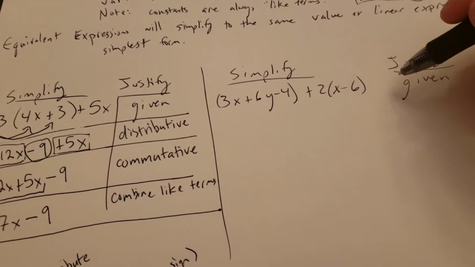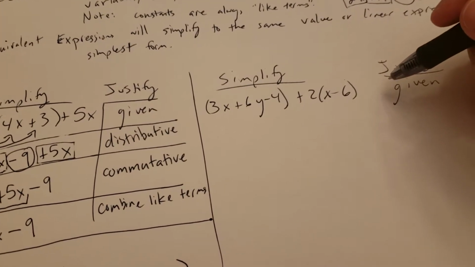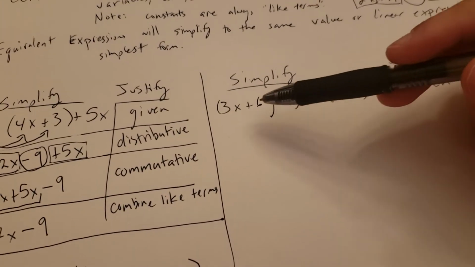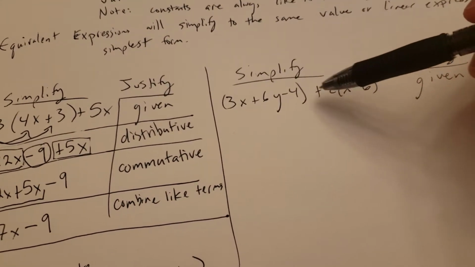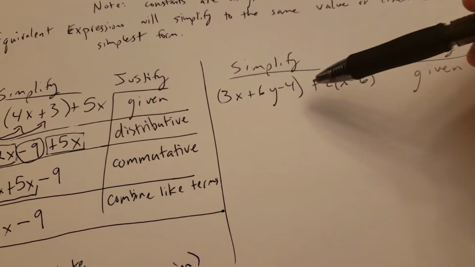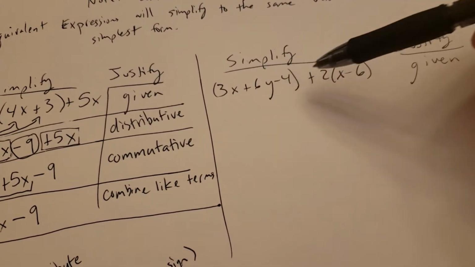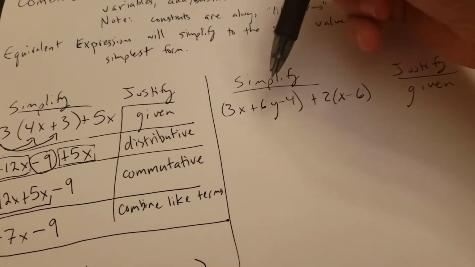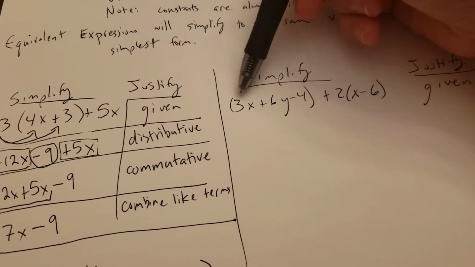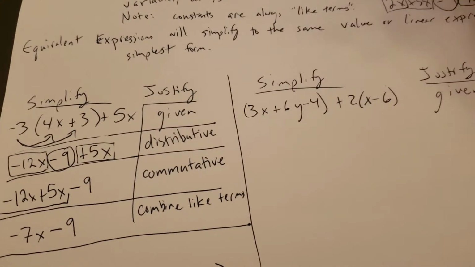For this guy here, one of the first things you can do is recognize that everything inside these parentheses is just added and subtracted in a row. There's nothing outside multiplying. If you want to think of it as though there's an invisible 1 here, 1 times all this stuff, you can think of it like distributing.